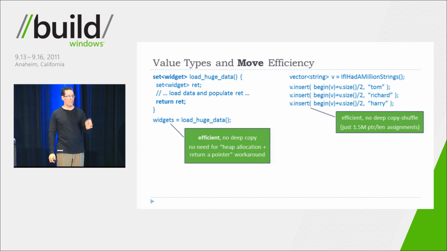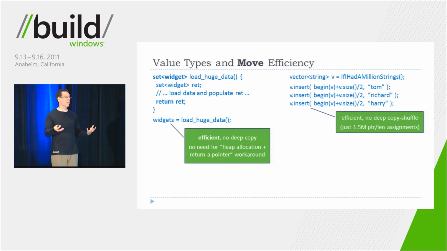The way to think of move is it's an optimization of copy. All we did in C++11 was to say, hey, look, this is a value-based language. Value types are cool and useful and efficient. Let's optimize them even more. So we optimized copying. So if you insert in the middle of a vector of strings, there will be no allocation. There will be no reallocation of the strings.